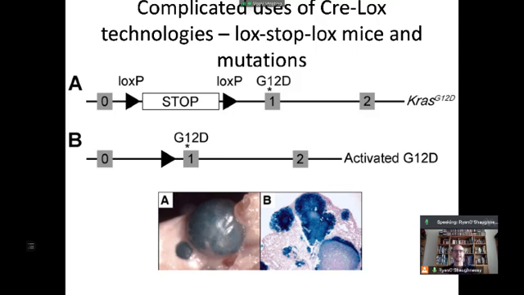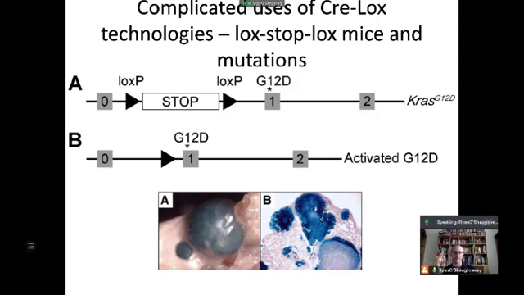normal genetic structure of that KRAS, and then we get KRAS G12D activated KRAS only where Cre is activated. And we also have a reporter gene here which tells us exactly where that mutant KRAS is activated. What we saw in this experiment is wherever that mutant KRAS was, we saw a tumor.